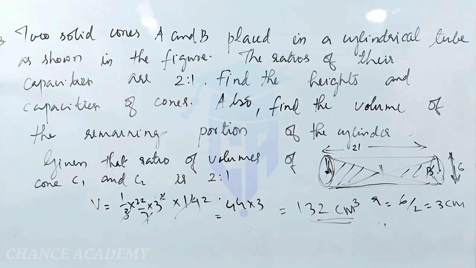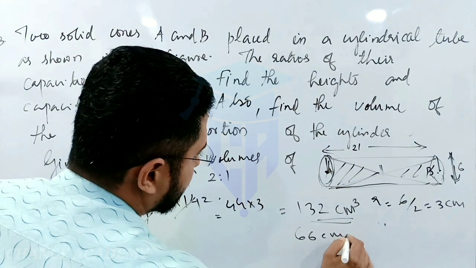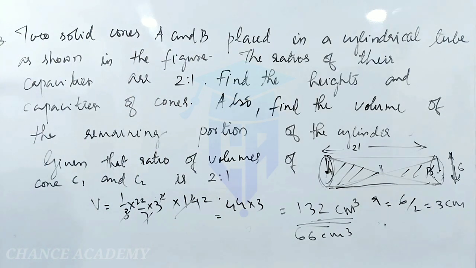One more interesting thing is that the volume of the second cone is just half of this, so that will be 66 centimeter cube. So we got both the volumes. Now we need to find the remaining portion. For the total volume of the cylinder, the formula is pi r square h.